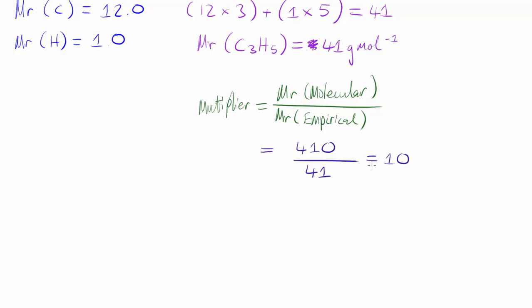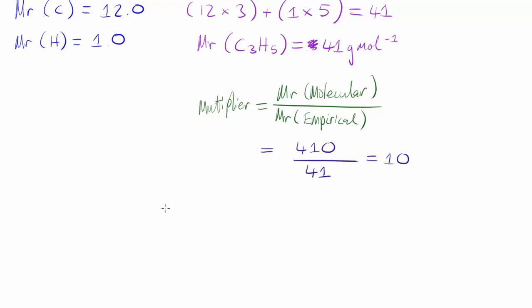And what does that mean? What's the bearing on figuring out what the molecular formula is? Well, we use this multiplier and we multiply the coefficients attributed to each of the elements by the multiplier. So let's go through that process.